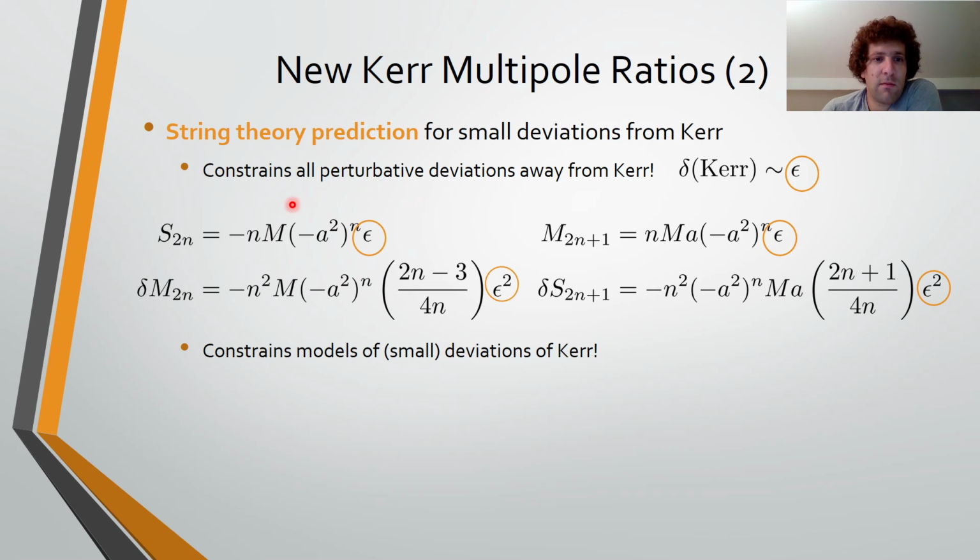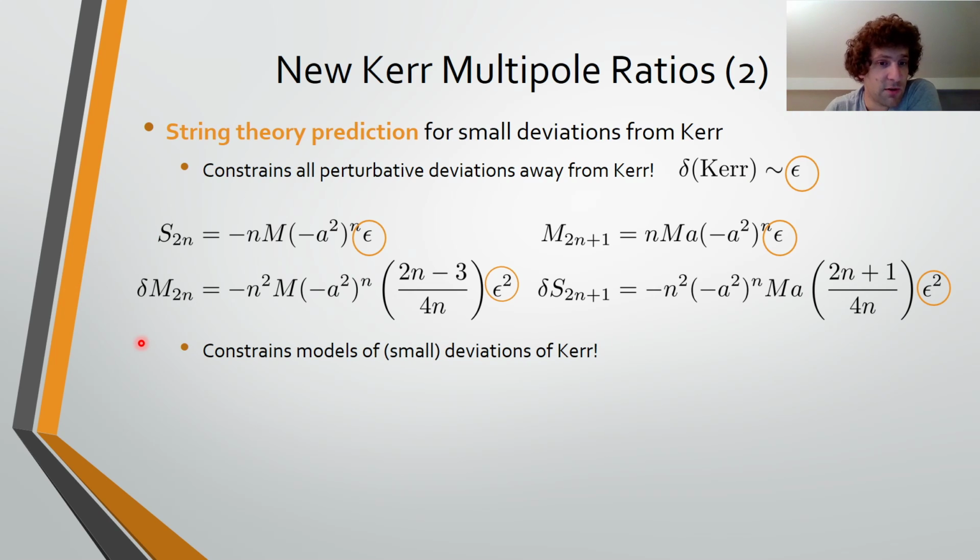then this prediction is a prediction from string theory that constrains the perturbative small deviations from Kerr. In particular, if we imagine that we perturb Kerr by some dimensionless small parameter epsilon, then the changes of multipoles have to be given by this one parameter family of small multipole deformations away from the Kerr multipoles.